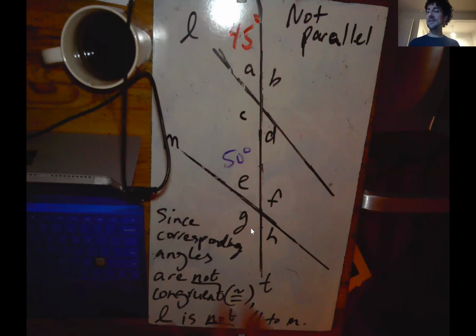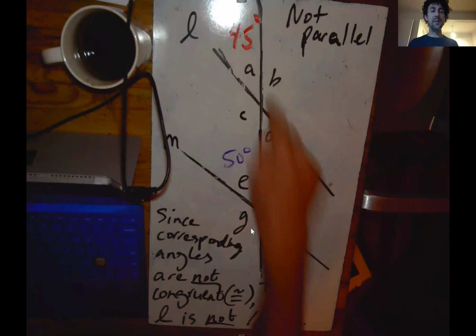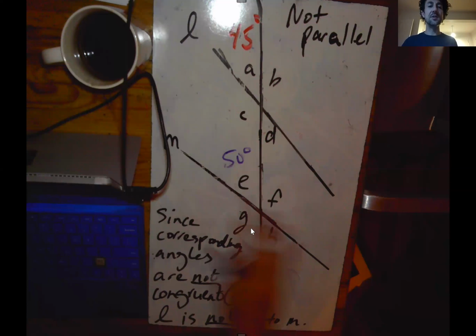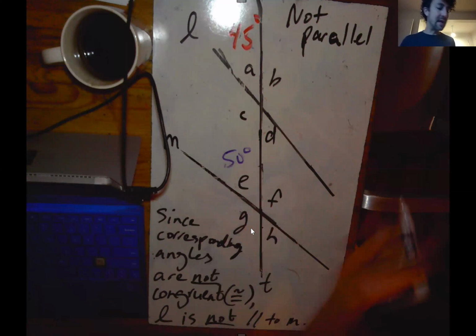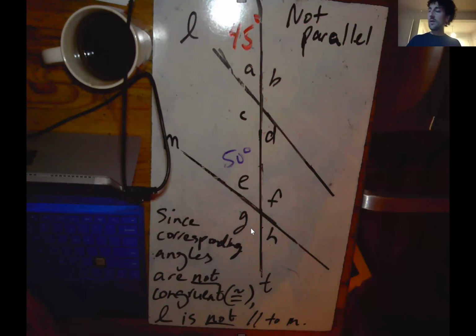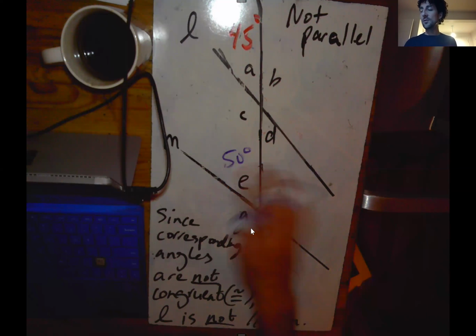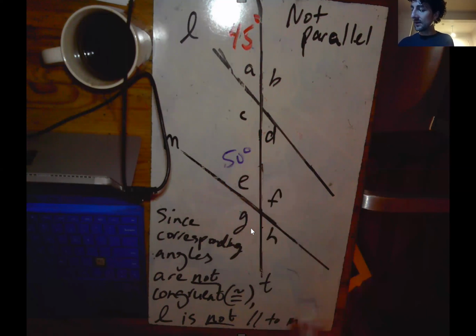Now, we talked in previous lessons about how intersections will be identical when the lines are parallel. So let's fill in the rest of the intersections so we know all of the angle measures. That involves some subtracting from 180. I'm going to do the bottom intersection first. So I know that vertical from angle E is angle H, and they have the same angle measure because vertical angles are congruent.